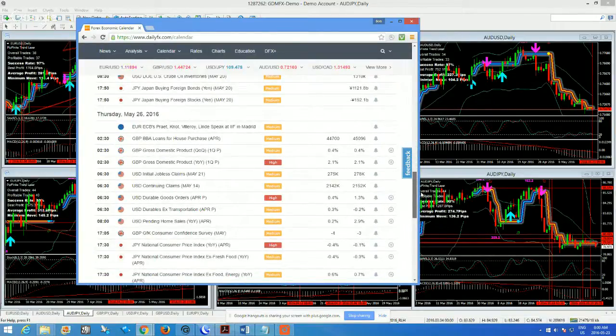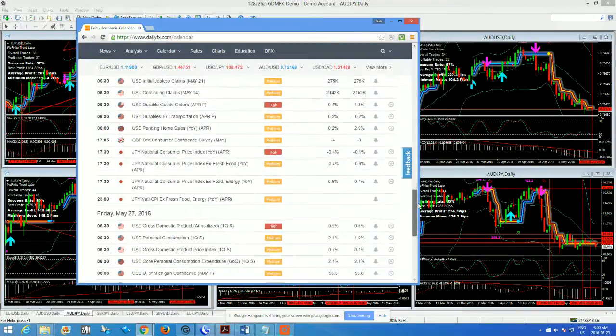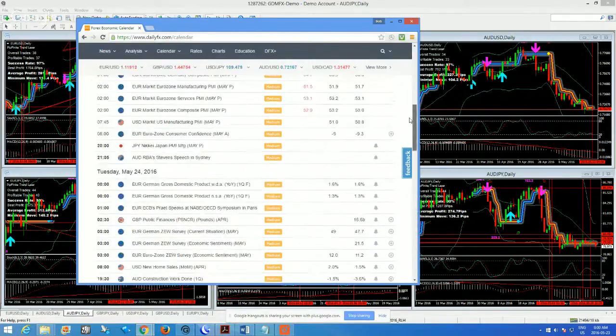British pound on Thursday at 2:30. US dollar durable goods 6:30 on Thursday. Japanese yen consumer price index Friday, US dollar gross domestic product. So not a huge number of reports, some but not significant.